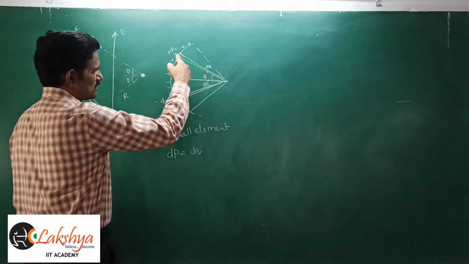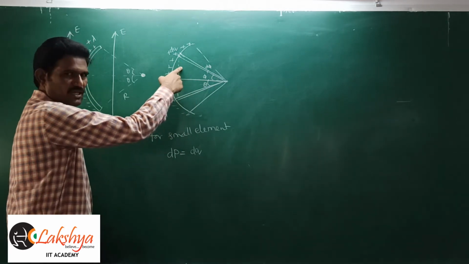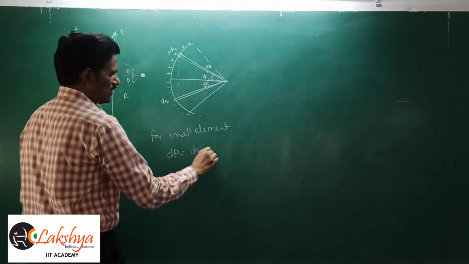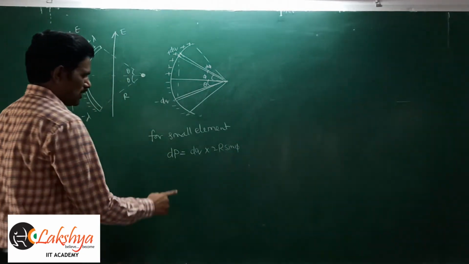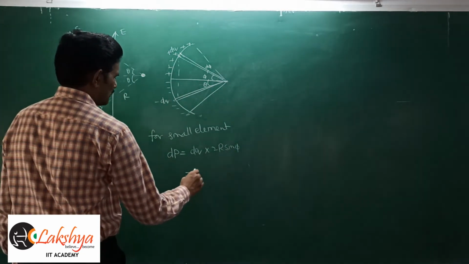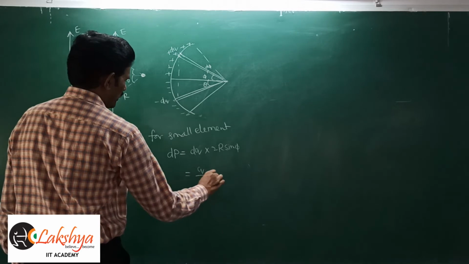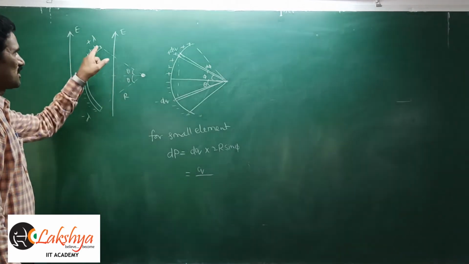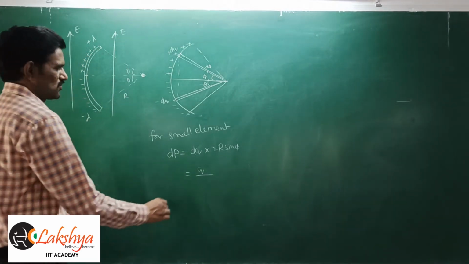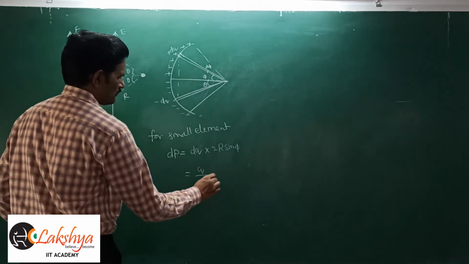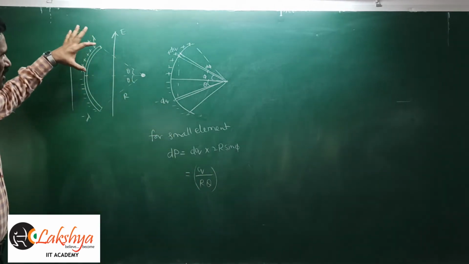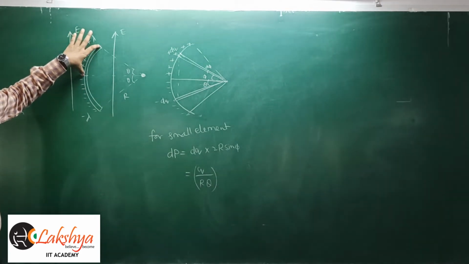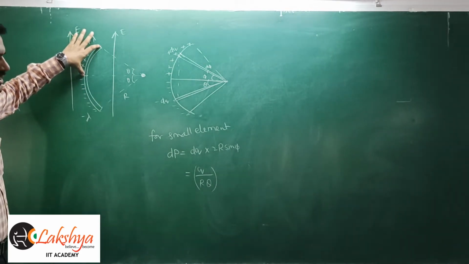By using this triangle we can write that this is r sin phi and this is also r sin phi, so the distance is 2r sin phi. Now the dq value we can write as q by the length of the arc, which is r theta. This is the charge per unit length. The charge q is distributed over this length, so the arc length is r theta.